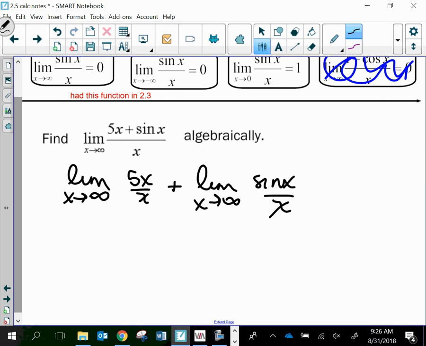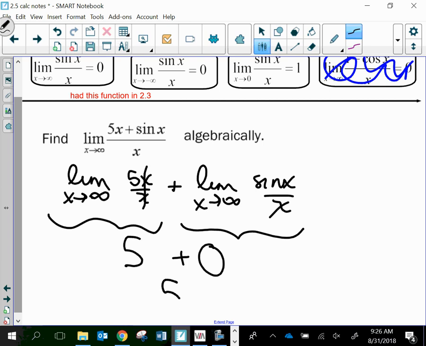I divided because I have a single term on the bottom. This one, we just talked about, what is it? It is 0. Okay, what's this one? 5, right. The x's cancel. The limit of a constant is the constant. My answer is 5.